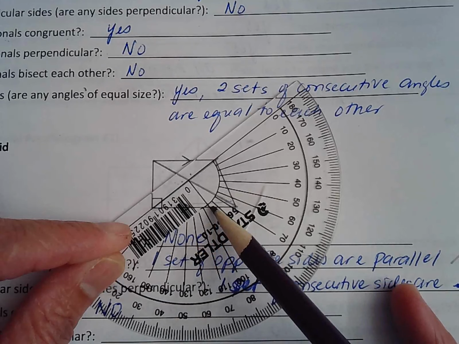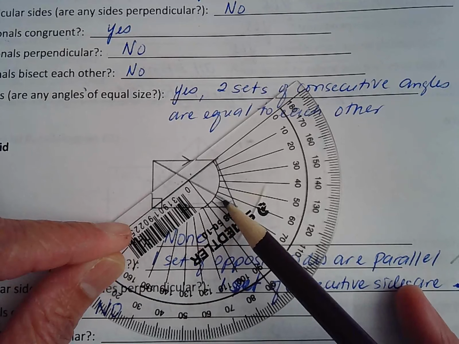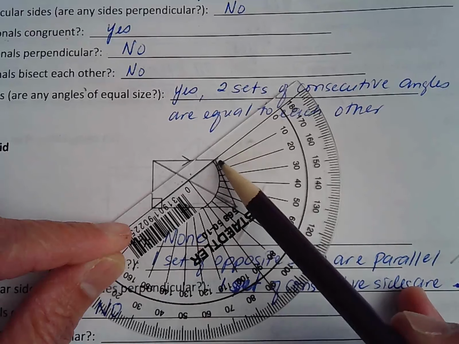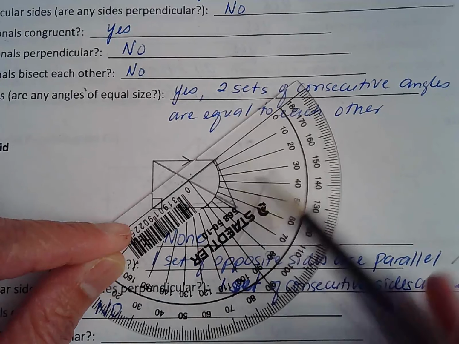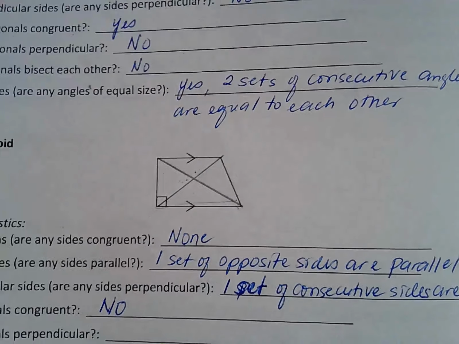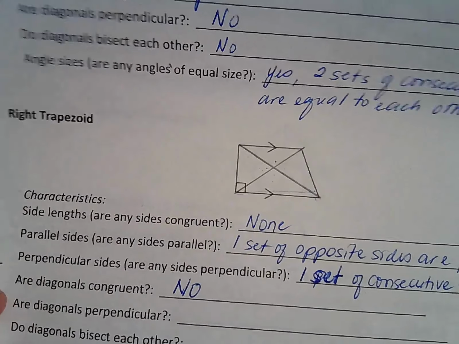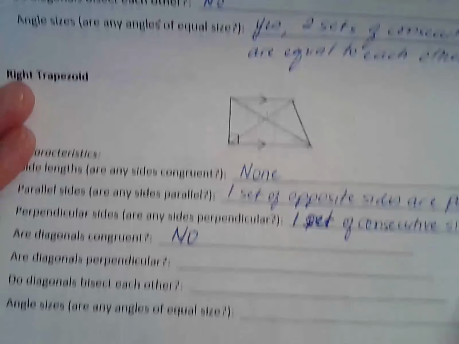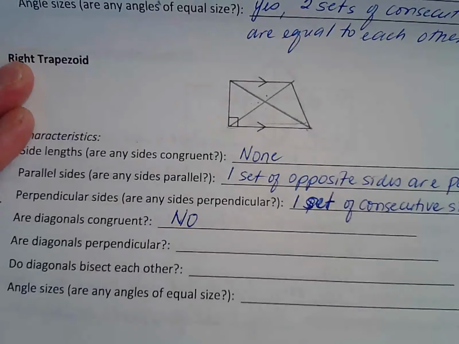Up to here is 90, but it didn't stop there. It continues on, so that's more than 90. And then from here, that's less than 90. So are there any perpendicular diagonals? No, there isn't.